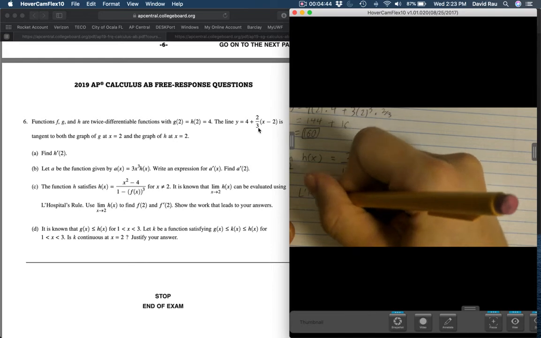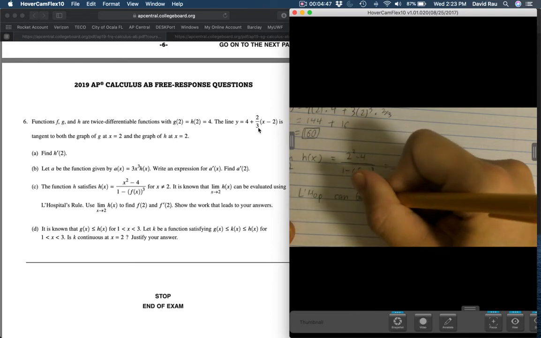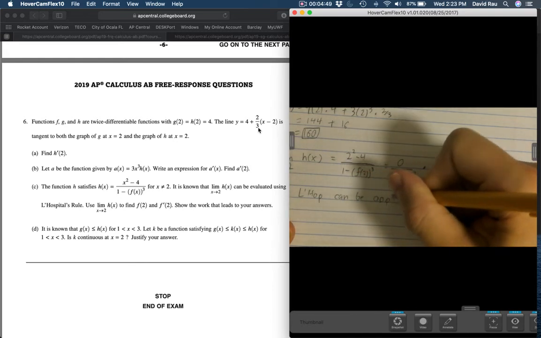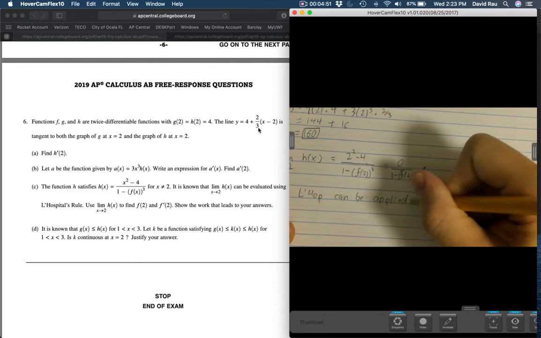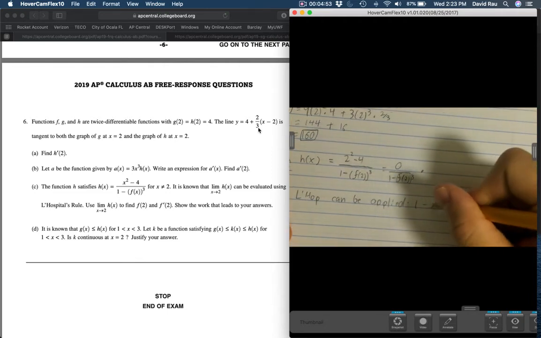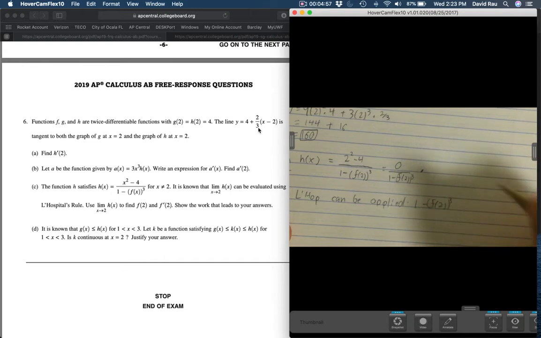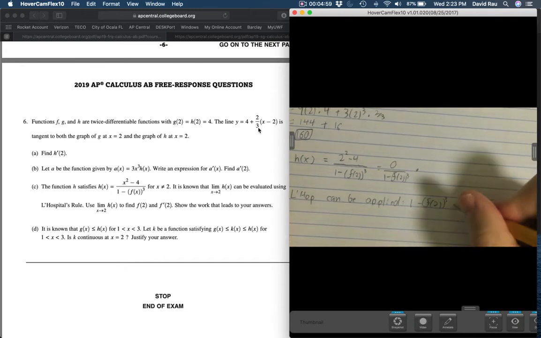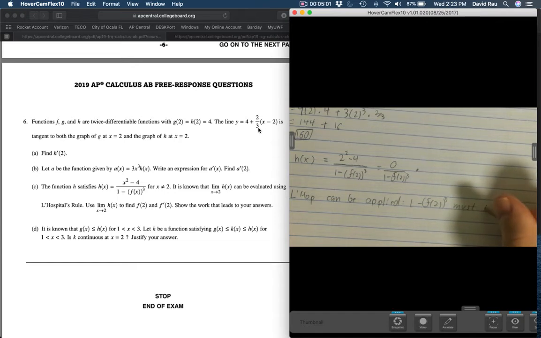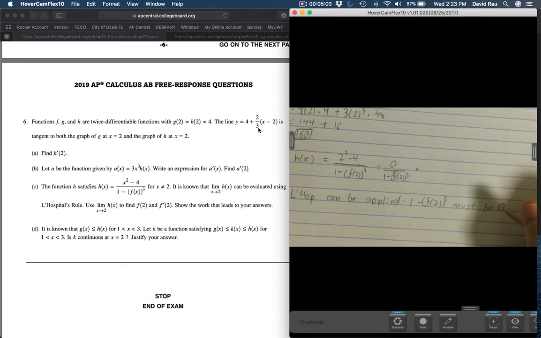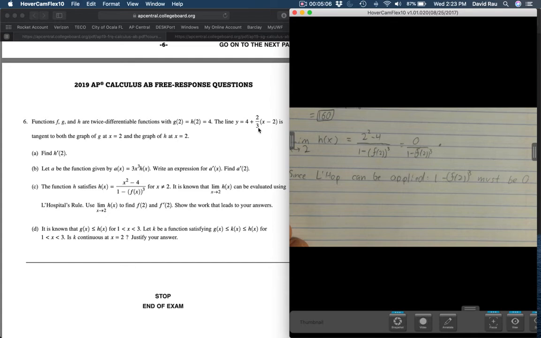Since L'Hopital's rule can be applied, 1 minus f of 2 all cubed, the denominator, must be 0. We have to get that indeterminate form to use L'Hopital's rule.